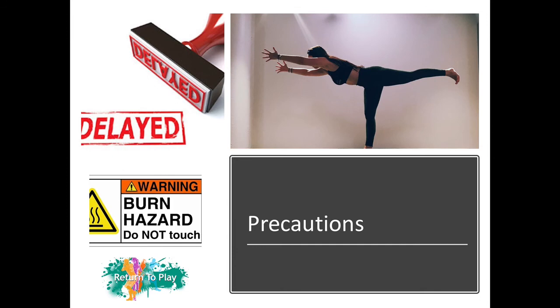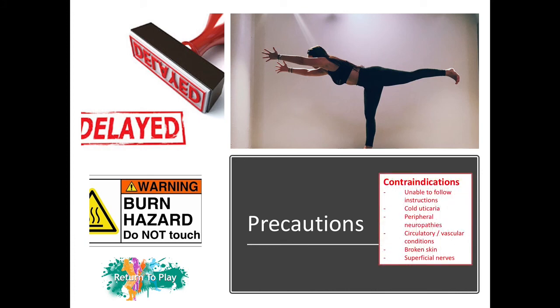We've also got to be careful about burns, so ice burns. We alluded earlier to having a cloth barrier when we're using ice, making regular checks every 5 to 10 minutes to see if there's any problems there. And that leads us into our contraindications, because if I've got a peripheral neuropathy, I'm perhaps not going to be able to detect when my superficial tissues are becoming damaged. Very, very important. If I'm unable to follow instructions, is it because of age? Is it because of psychological issues?